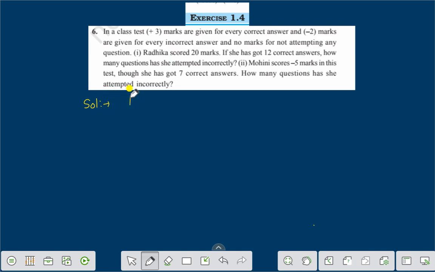Mohini's score is equal to minus 5, right?